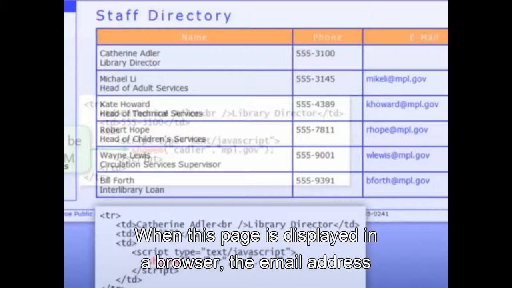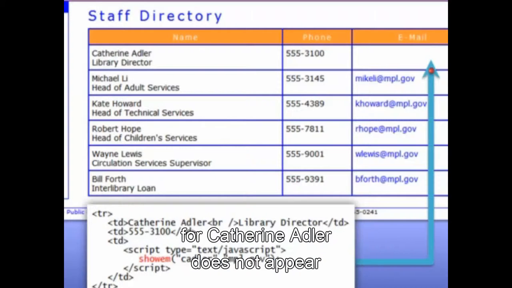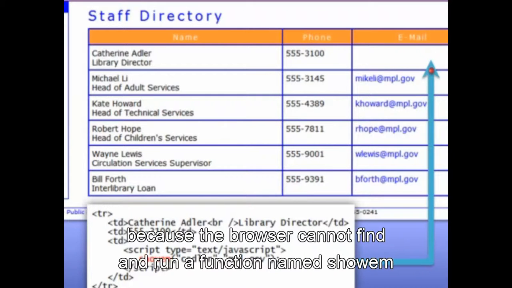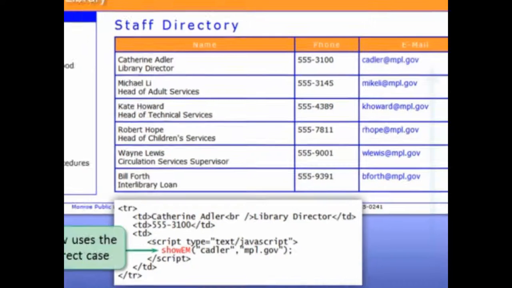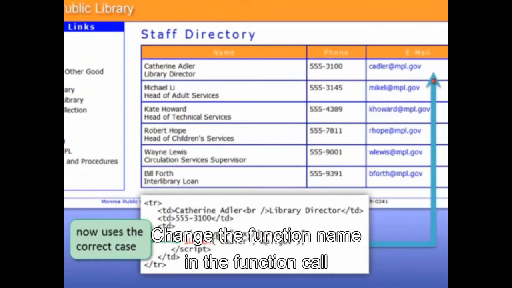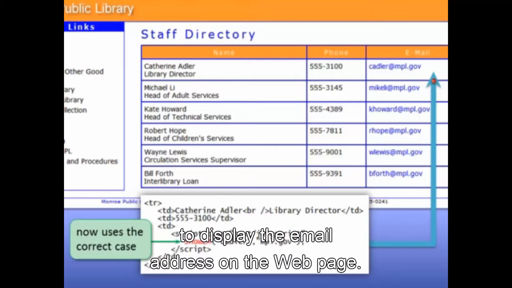When this page is displayed in a browser, the email address for Catherine Adler does not appear because the browser cannot find and run a function named showEM in all lowercase letters. Change the function name in the function call so it uses the correct case to display the email address on the web page.